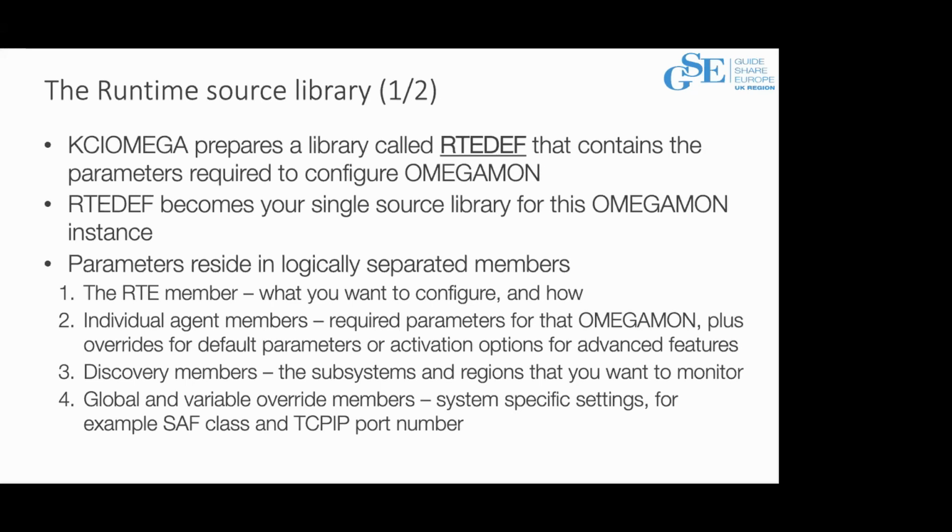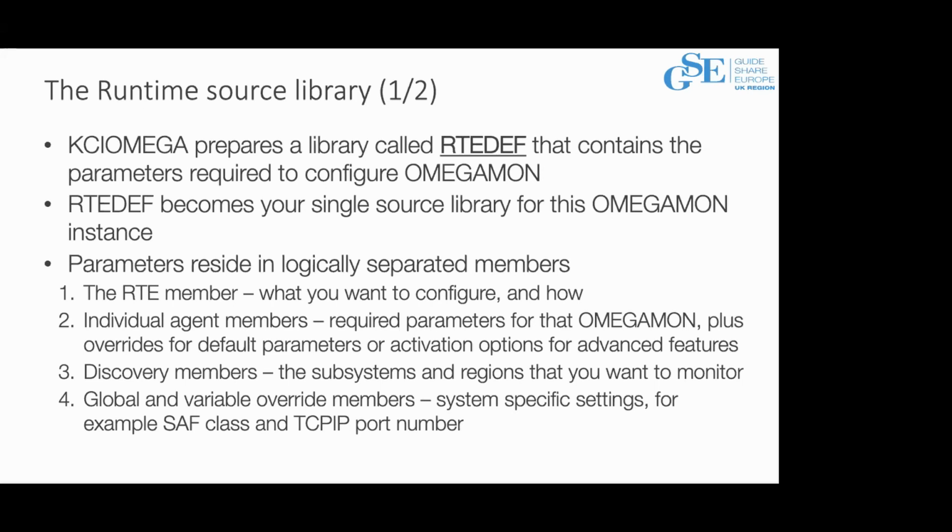So we don't need to specify many hundreds of default parameters, and I know that's what customers fed back to us. You only need to access those that you are interested in, and we've exposed them. Like I said, there are about 40 or 50 parameters that we do expose that you should review with your teams. So that's a single source library, a single source of truth, as we say, for your whole OMEGAMON environment.